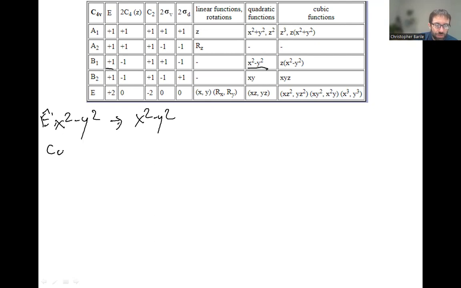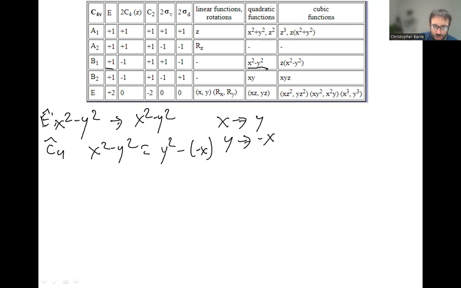So let's go to C4. C4, if you remember from before, we said x went to y and y went to negative x. So what happens there? x goes to y, so we're going to get y squared minus negative x squared. Well, that equals y squared minus x squared, which equals negative of the quantity x squared minus y squared.